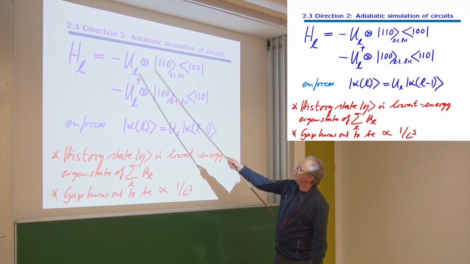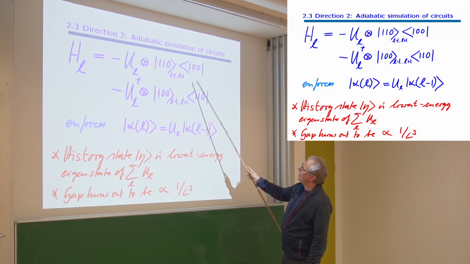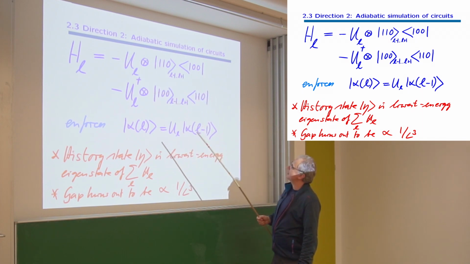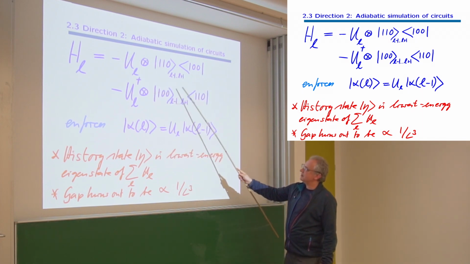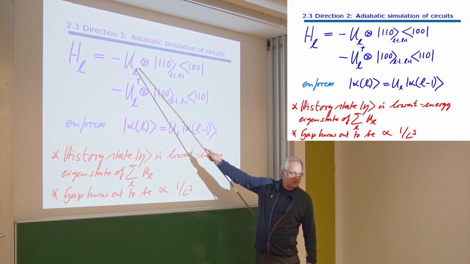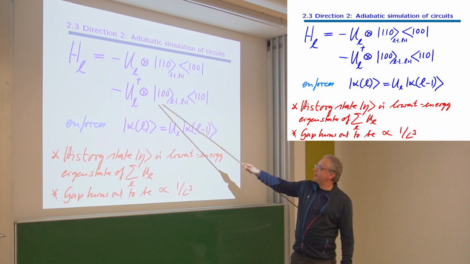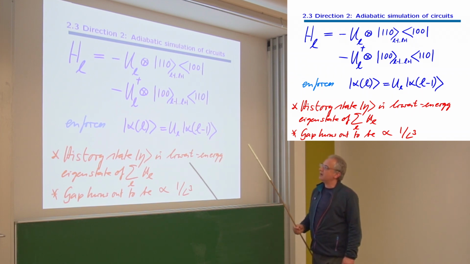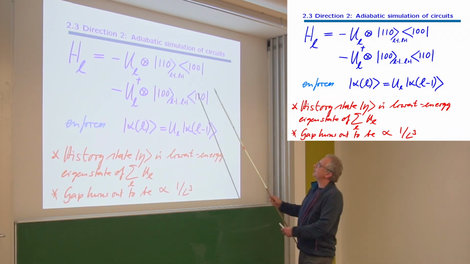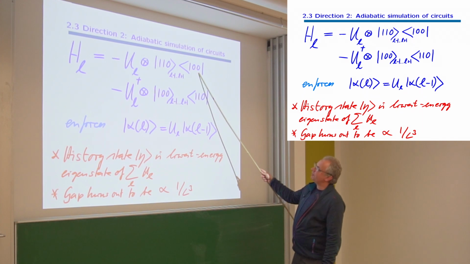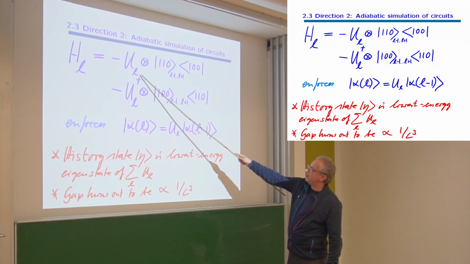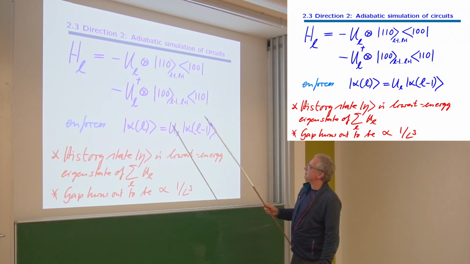This is a projector tensor with a unitary. So that is Hermitian, this is typically not Hermitian, and so you have the Hermitian conjugate down here to match that. So both together are Hermitian. This term makes you go forward in time and apply the unitary to the first register.